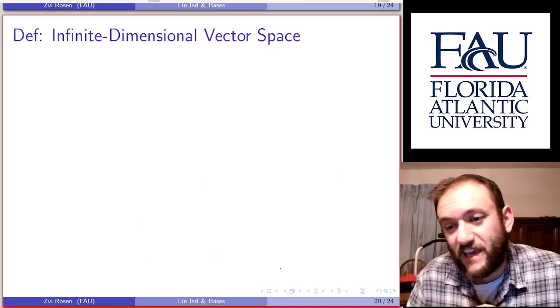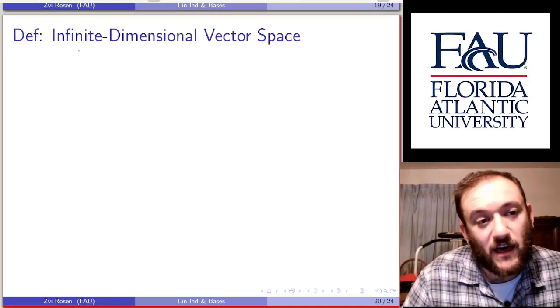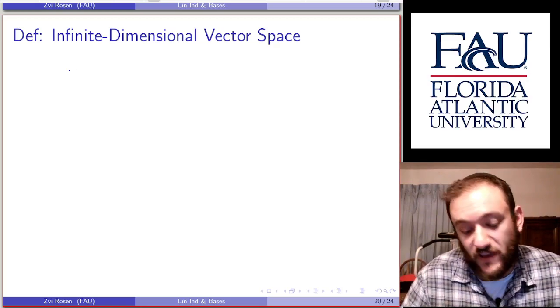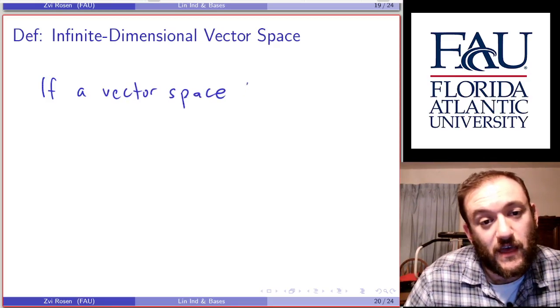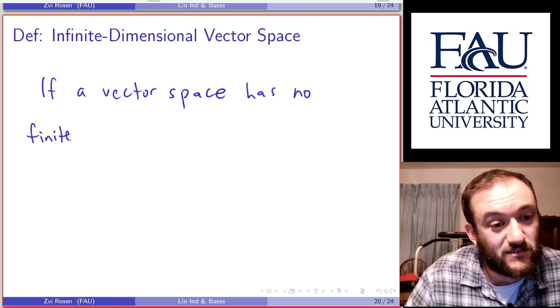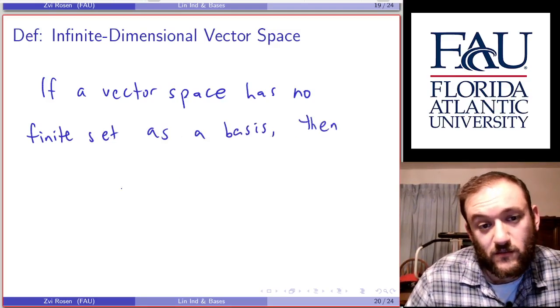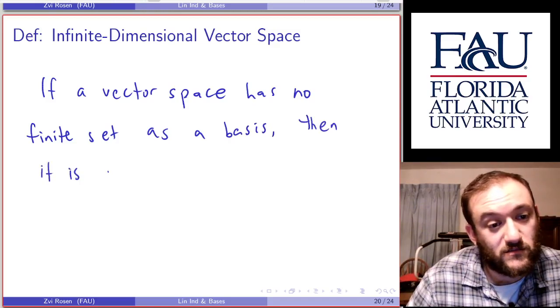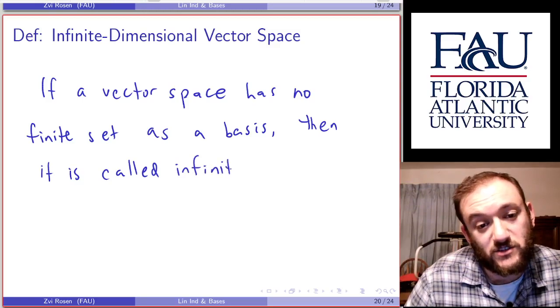Now, a brief tangent to describe infinite dimensional vector spaces. We've been talking about bases for vector spaces. If a vector space has no finite set as a basis, then it is called infinite dimensional.